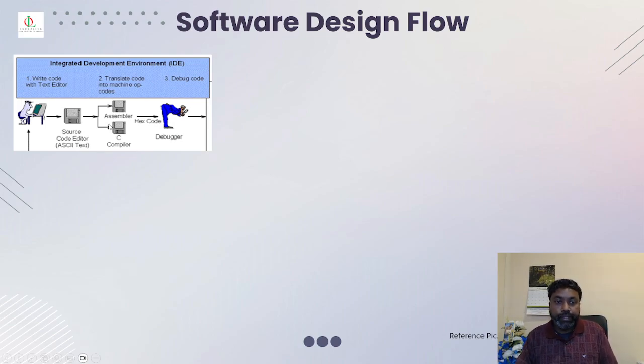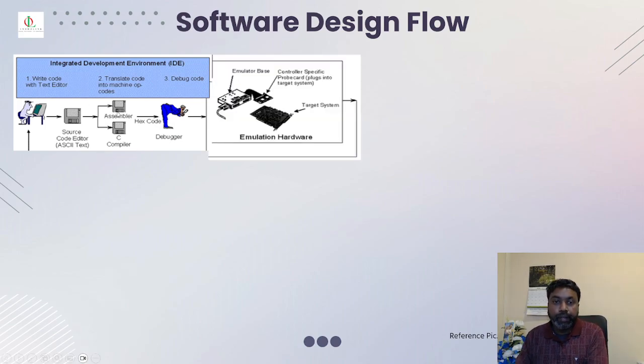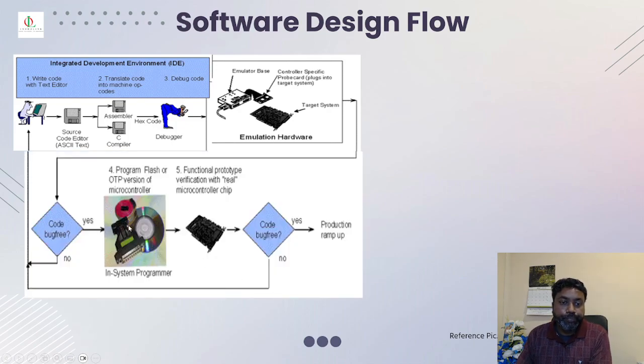So first the code is written in the IDE, then from the linker, whatever hex code you get, you can program that to the target microcontroller through a programmer or a JTAG, and then you can test its functionality.